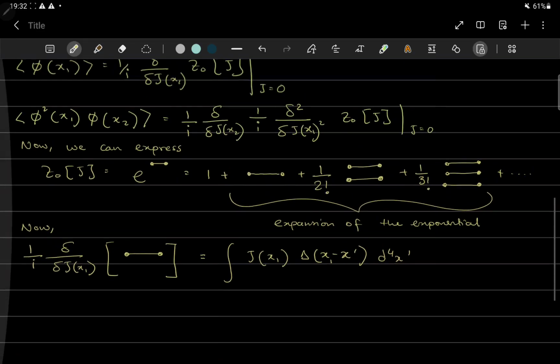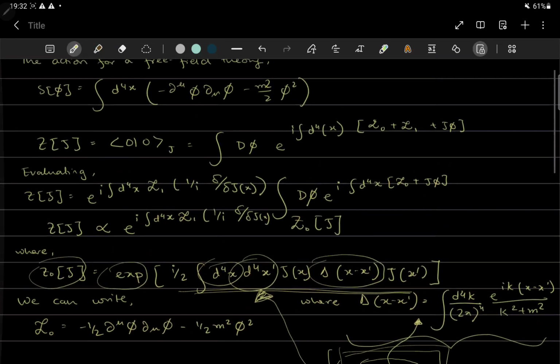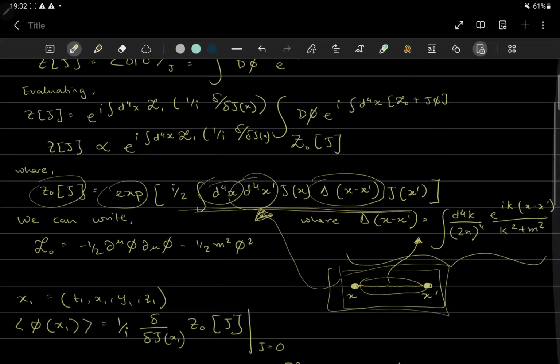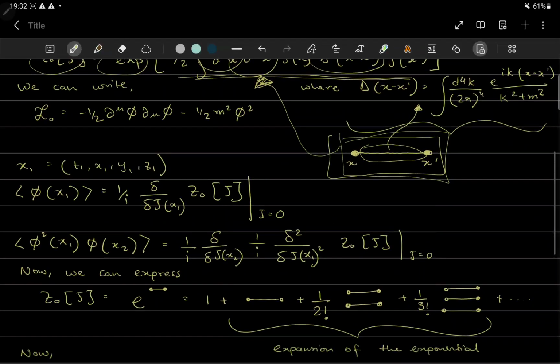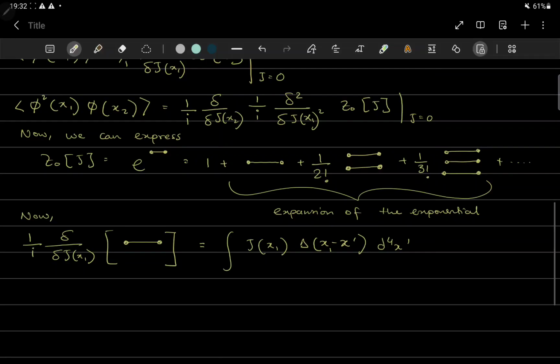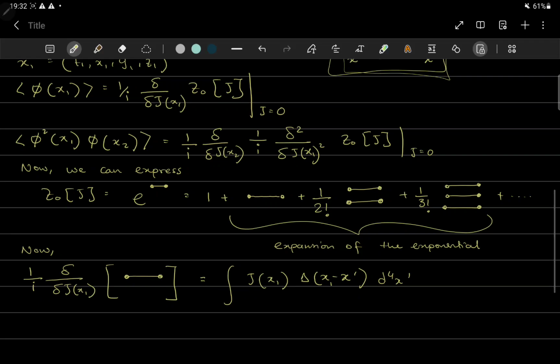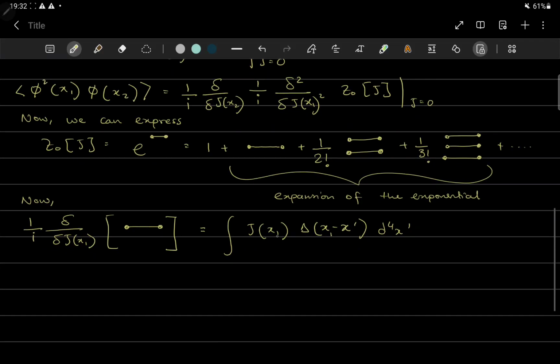Because you see that the expression of this diagram is given over here, and since we have a functional derivative over J(x1), you get the propagator to be x1 minus x prime, and one of these J's will go away, and I'll be left with this. So now the way we compute this is we set J to 0. We have one of the J's left, so setting J equals to 0 will make the whole expression 0. Therefore this boils down to 0 as J is equal to 0.